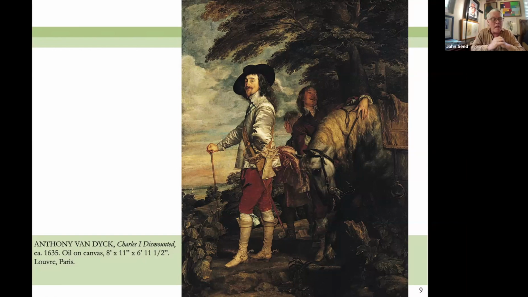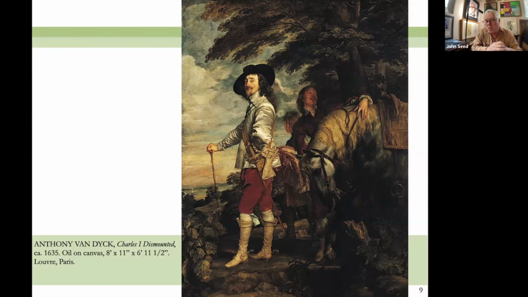But I think what happened here is that Van Dyck gave us, I'm going to say, a 17th century Ronald Reagan. If you remember, we used to see pictures of Ronald Reagan in Santa Barbara on horseback. Here we have Charles I dismounted, so his boots are touching the mud, and his horse is being fed, and the groom is holding the horse's neck and just hanging on to the gear and the bridle.